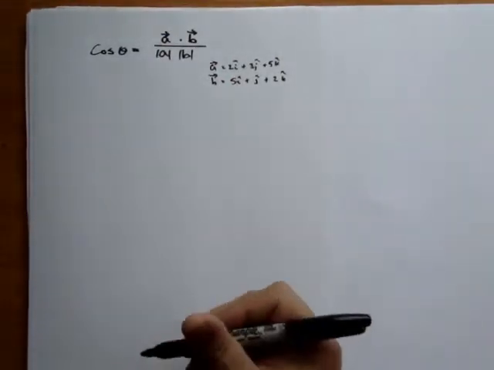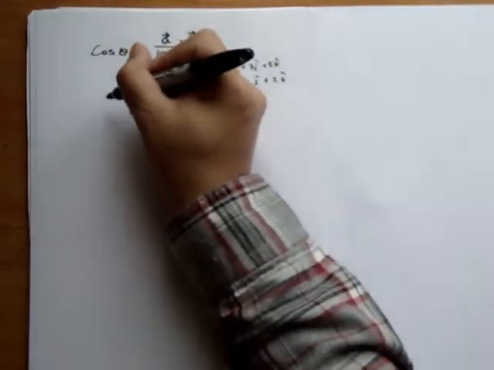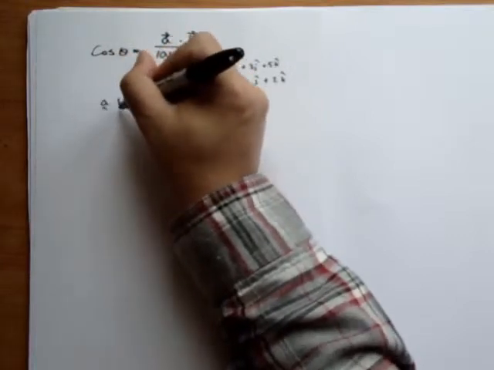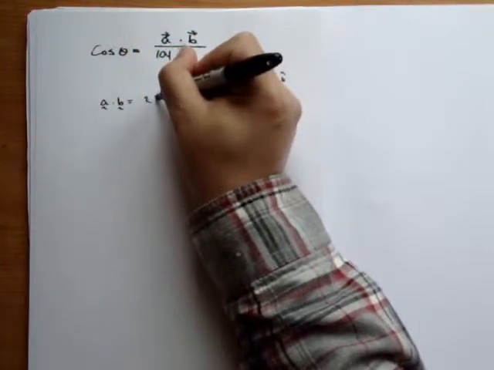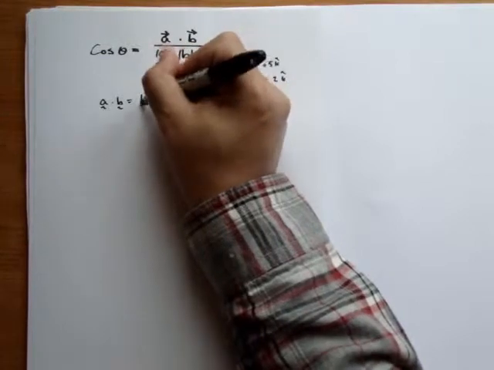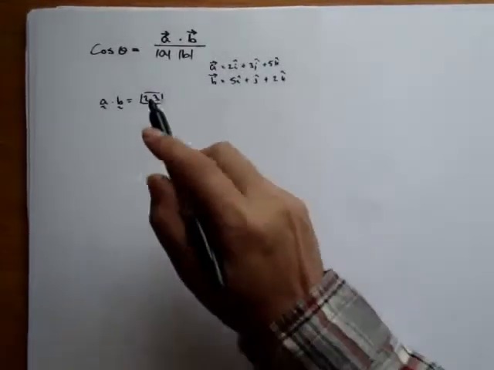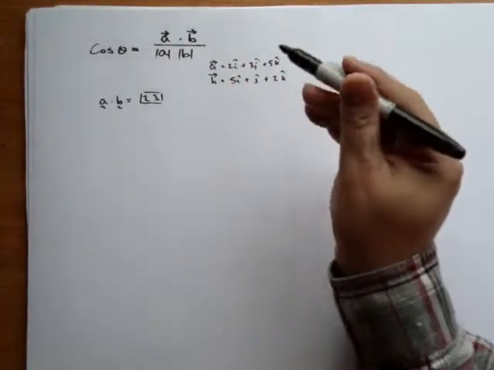Okay, we previously worked out that our dot product A dot B was 23. Now our magnitudes, remember the rule, it's from Pythagoras to work out the length of the vector.